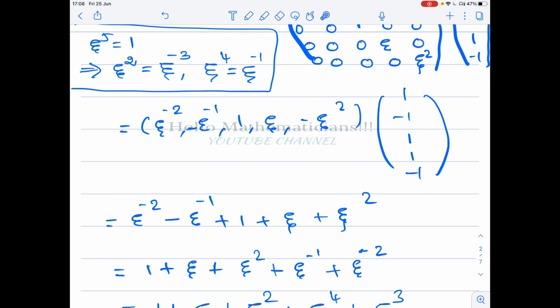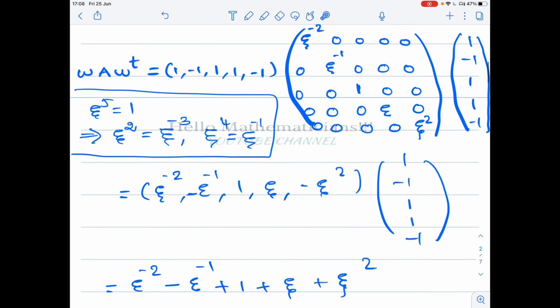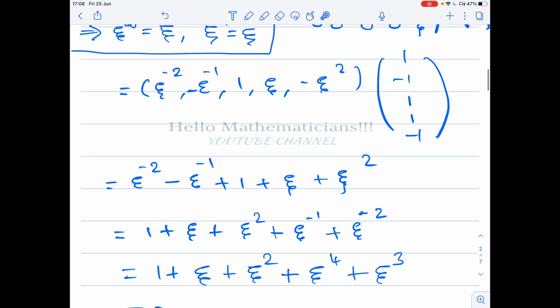So theta power minus 2 into 1, we get theta power minus 2. There is a typo, it should be plus. Minus theta power minus 1 into minus 1 gives me plus theta power minus 1. 1 into 1, 1. Theta into 1, theta. Minus theta power minus 2 into minus 1, theta square.